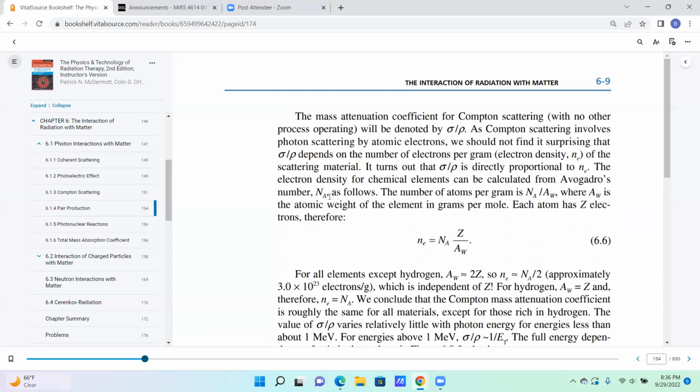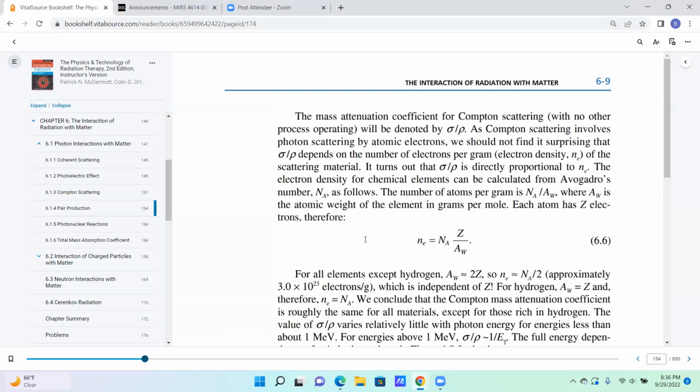The number n sub a is the number that can be calculated from the electron density for chemical elements. The number of atoms per gram is n sub a divided by a sub w, where a sub w is the atomic weight of the element in grams per mole.